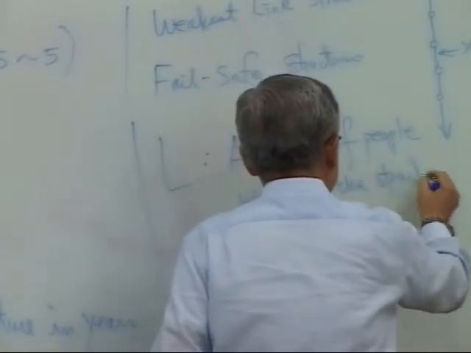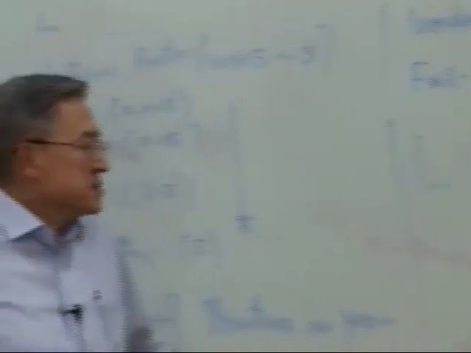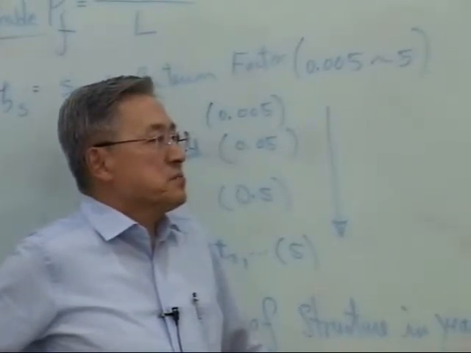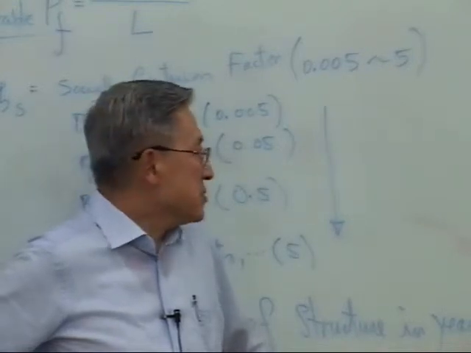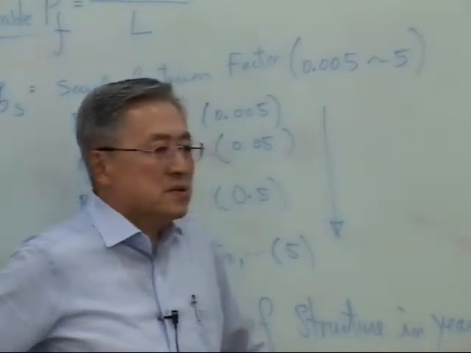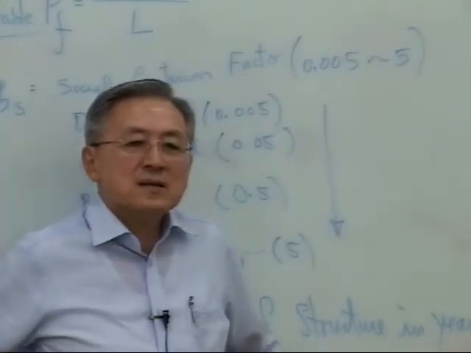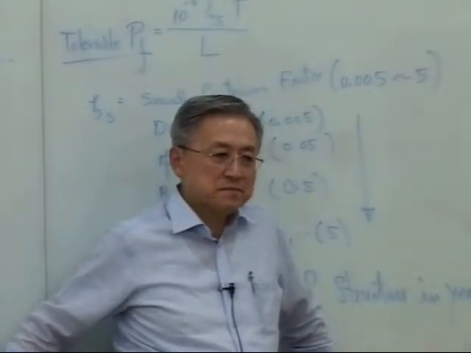In general, you could say, as the Elishakoff book says, during the period of the risk, but you can simply say the average number of people who usually occupy the structure.